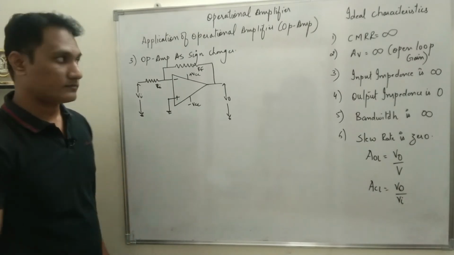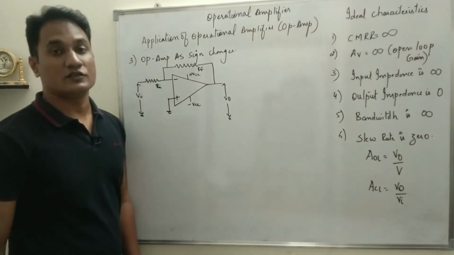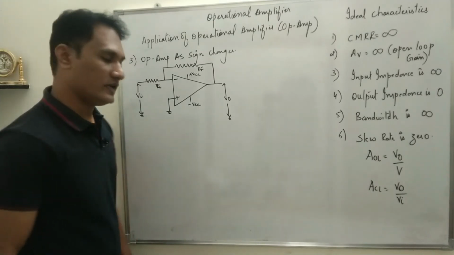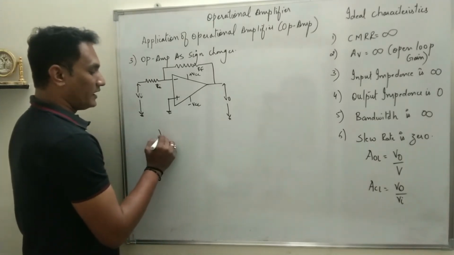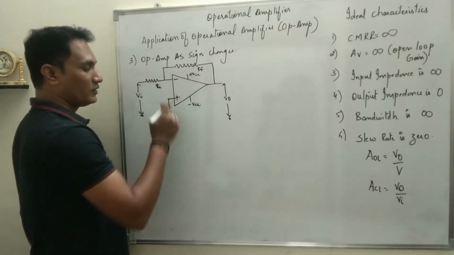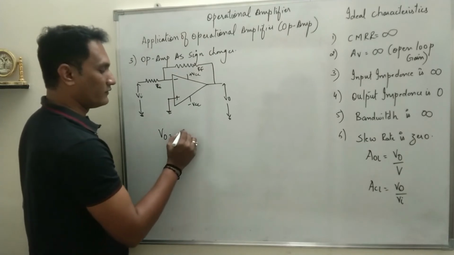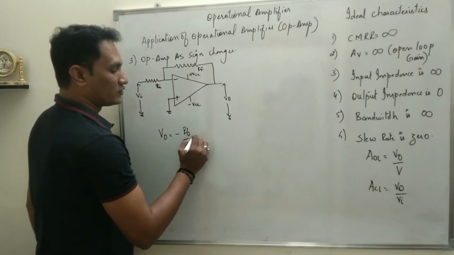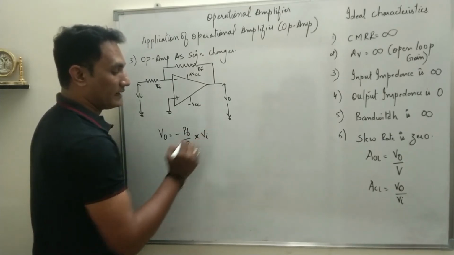That means this circuit is an op-amp as inverting amplifier. In the previous videos we obtained the output voltage equation for the inverting amplifier, so the formula will be V0 equals minus RF upon RI multiplied by VI.